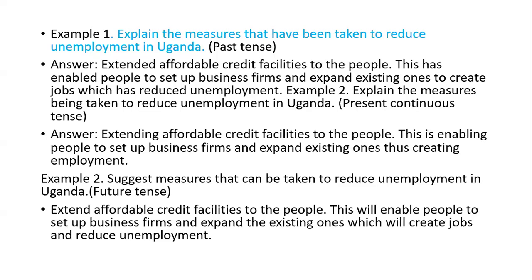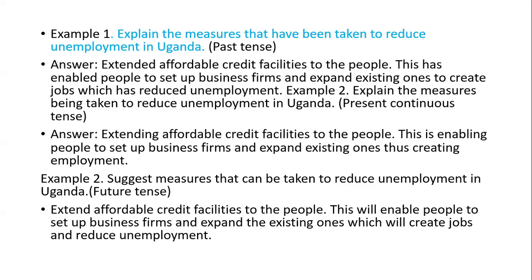Examples, if they have asked, explain the measures that have been taken to reduce unemployment in Uganda. So we said earlier on, you tell the examiner the following are the measures that have been taken to reduce unemployment. You do not lose anything to state it when you're answering. That is the best way, because there you are protecting your answers.